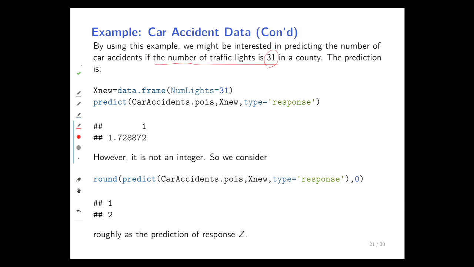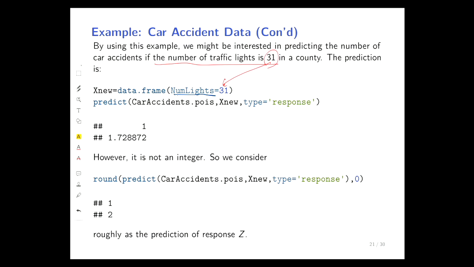What we need to do is construct a new data frame for our new data set, 31. Maybe it's also the last time for me to talk about this predict function again.